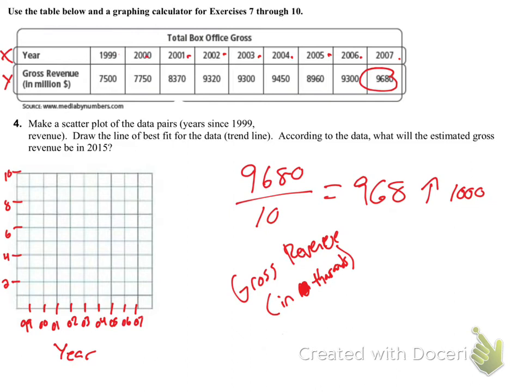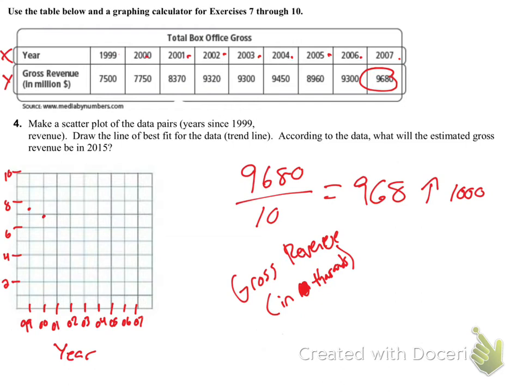So then I just have to plot this, and I'll plot, so 99, they did 7,500. So doing 99, I'll go to 7, something like that. 2,077.50. So 6.